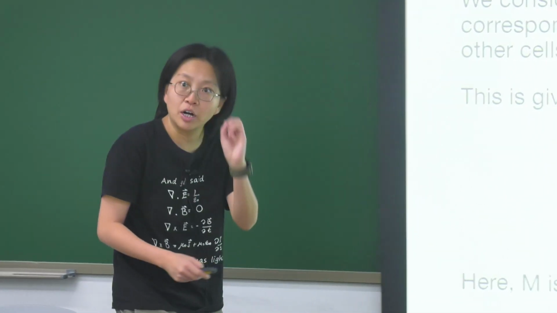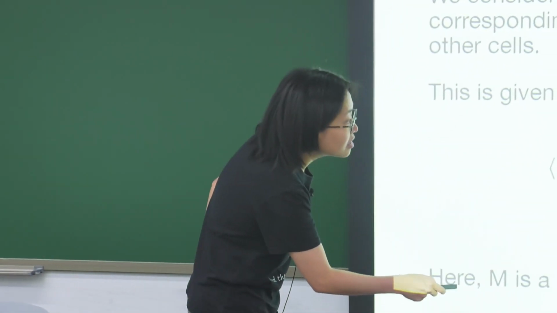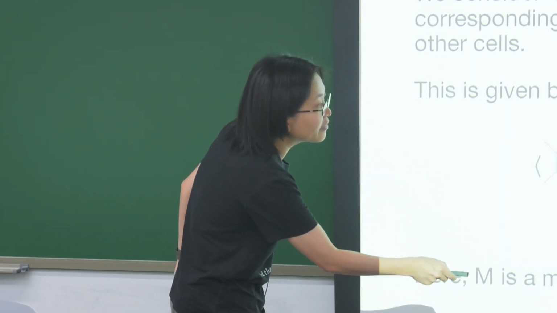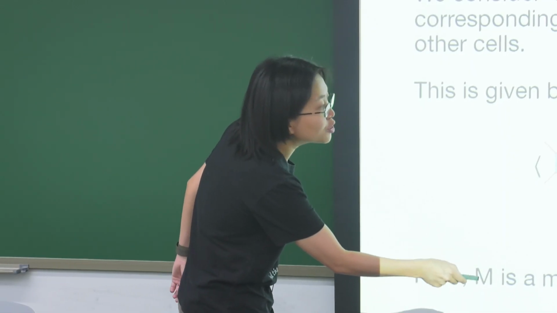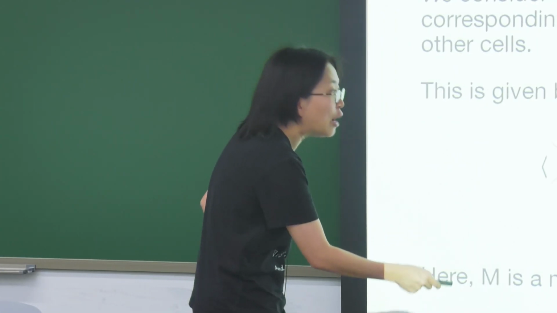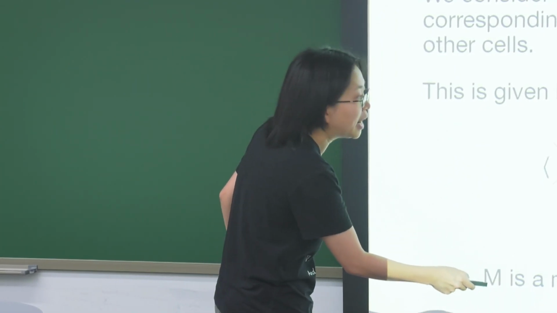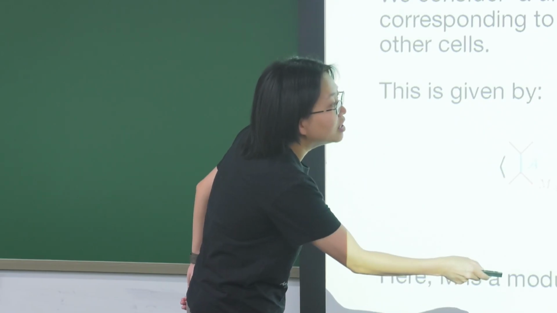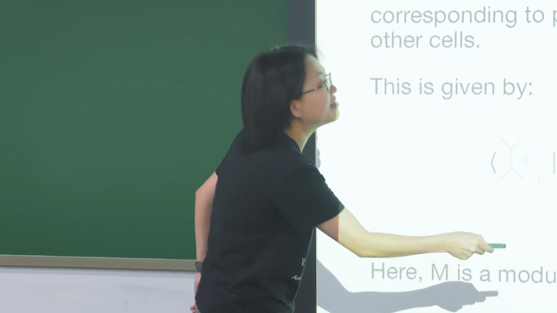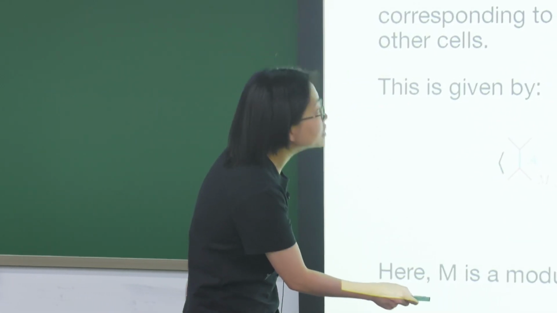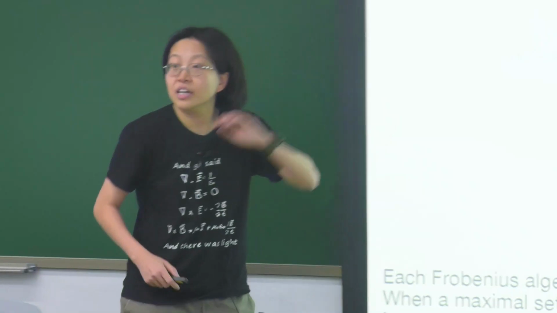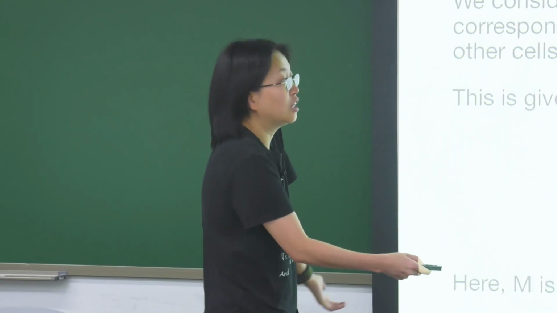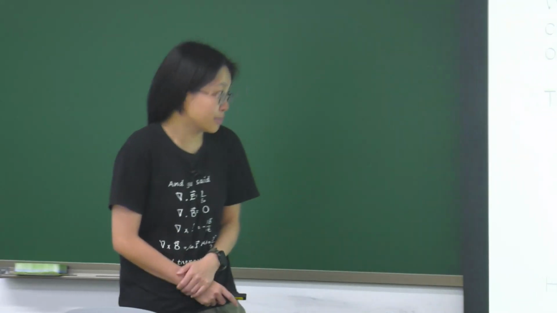They are also a collection of objects in the tensor category, and the algebra has to have an action on the module, which is also expressed in terms of a linear combination of fusion channels in the fusion tensor category. So to solve for a module means to solve for these numbers, the action of the algebra on the module. These numbers have to satisfy the fact that if I act twice with A on M, it has to be equal to multiplying the A's together and then acting with A on M. These can be solved in terms of the F's defined in the Frobenius algebra. You can see that this is really the usual definition of a representation of an algebra.